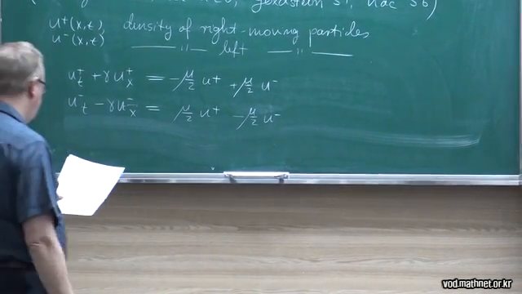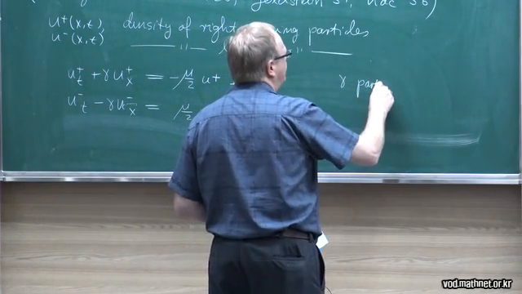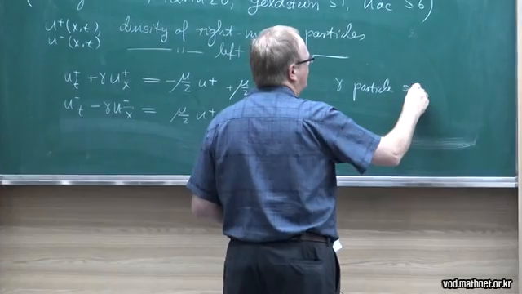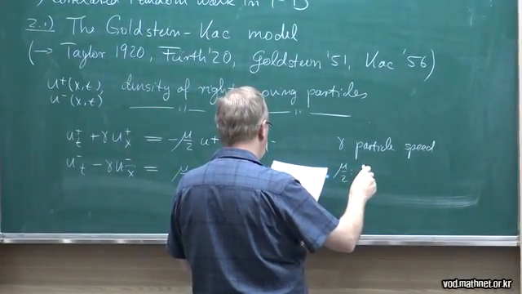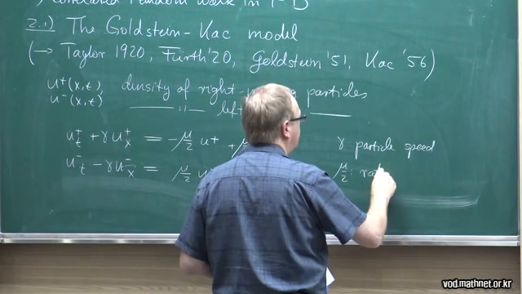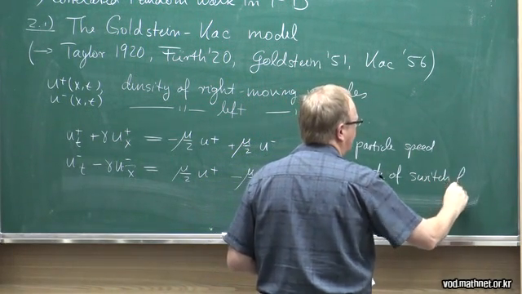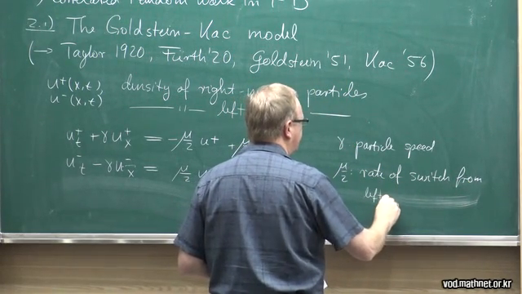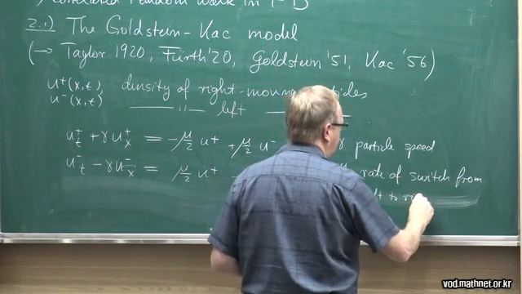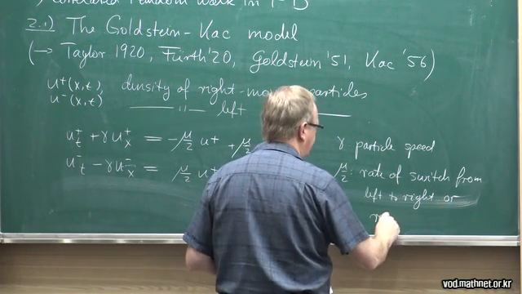So here gamma is the particle speed, and mu half is the turning rate, the rate of switch from left to right or right to left.